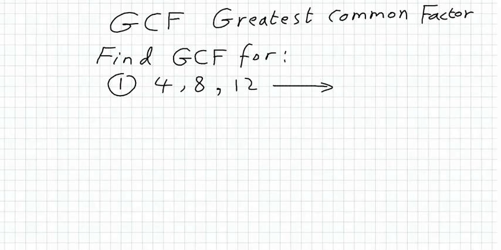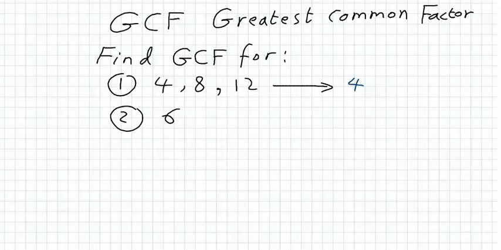What is the greatest common factor for these 3 numbers? First, you will look for the smallest one of them, which is 4, and you will ask yourself, can the other 2 numbers be divided by this 4? Well, 8 is divisible by 4, 12 is divisible by 4. For that, we will say that the greatest common factor for these 3 numbers is 4.